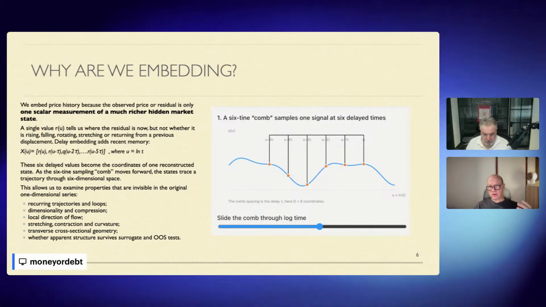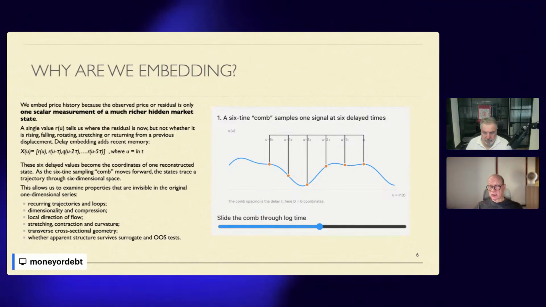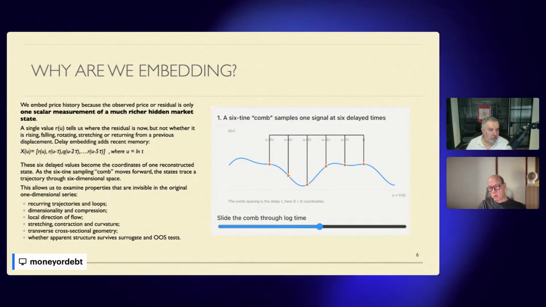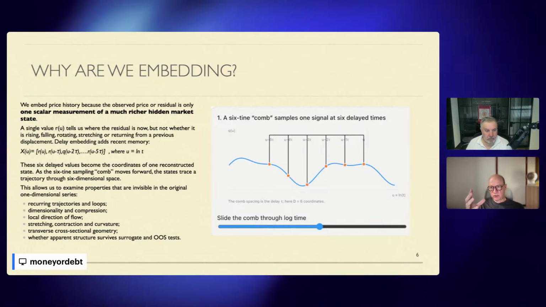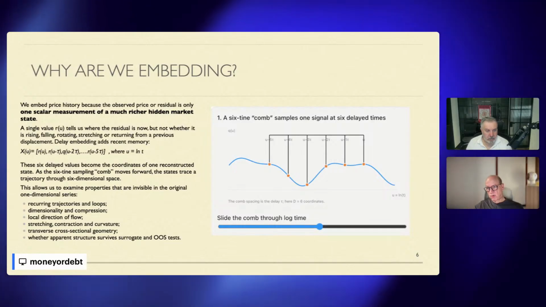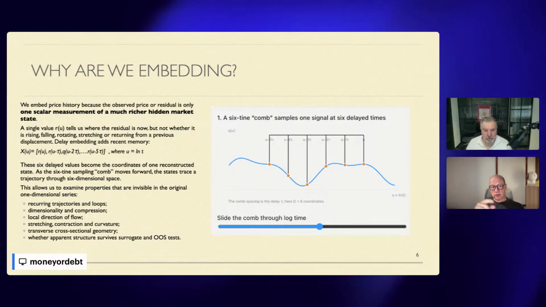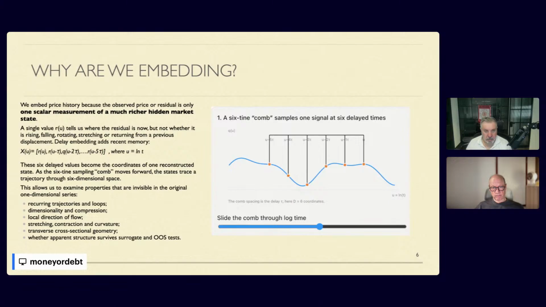And so once you do that, you've got 6 numbers from the original log time, and then you step forward by 1, you've got 6 more numbers, right? And so you're in this 6-dimensional space, and you're moving along a trajectory, and then you step it forward again, and you take the next step, and so forth. So you end up with a trajectory in this 6-dimensional space.